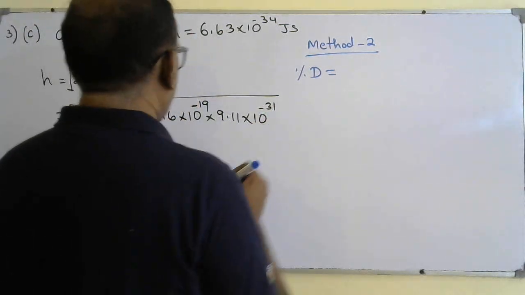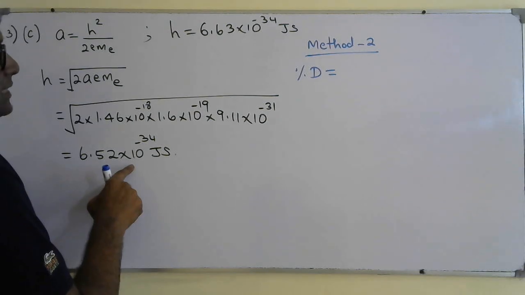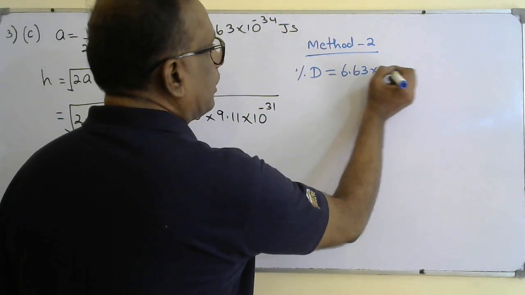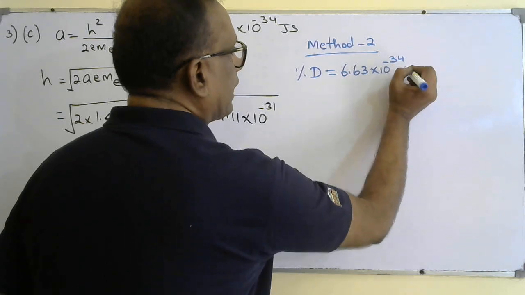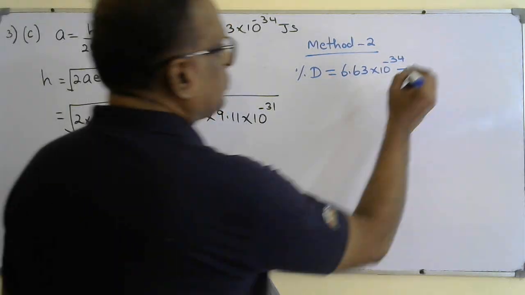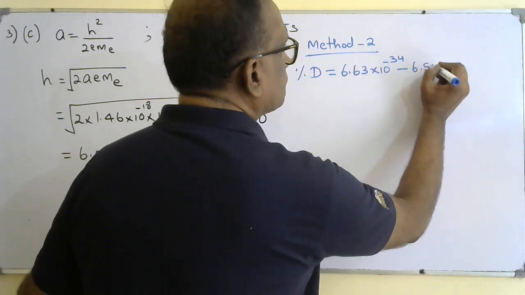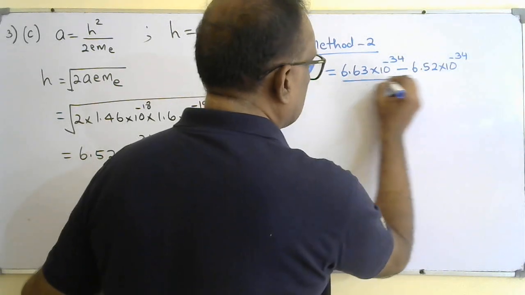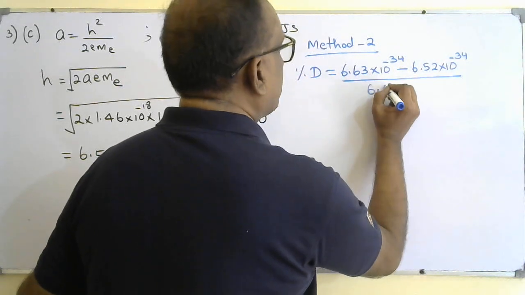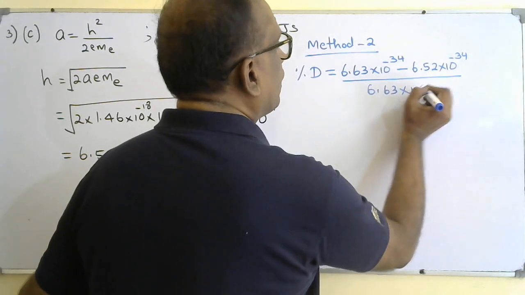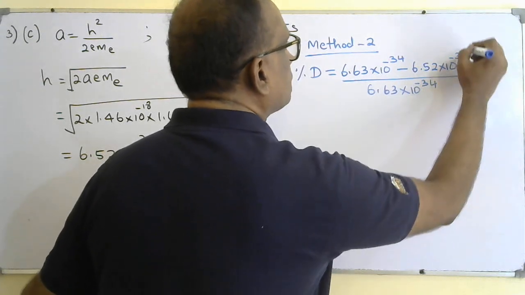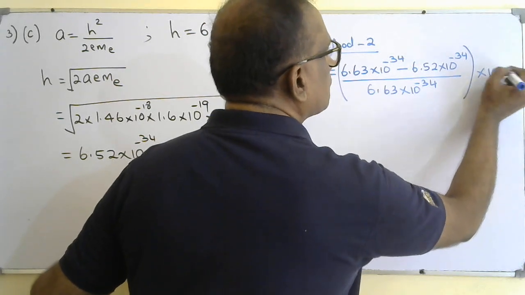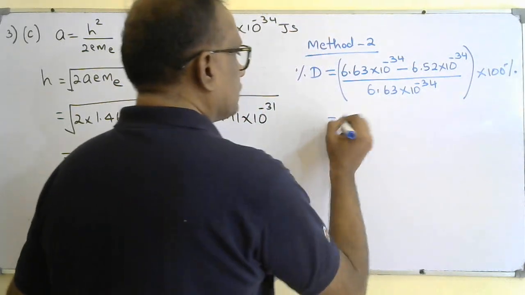We got 6.5 × 10 to the minus 34, so the percentage difference is (6.63 × 10 to the power minus 34 minus 6.5 × 10 to the power minus 34) over 6.63 × 10 to the power minus 34, times 100%.